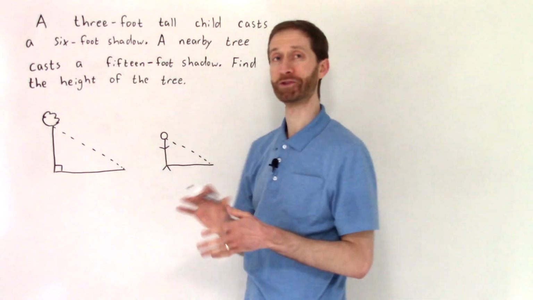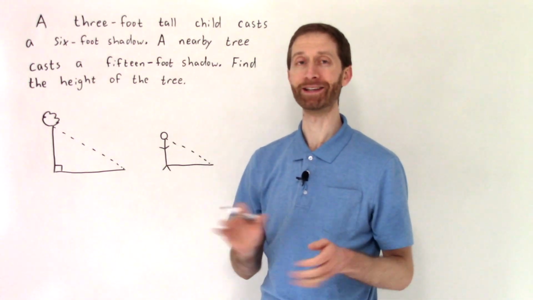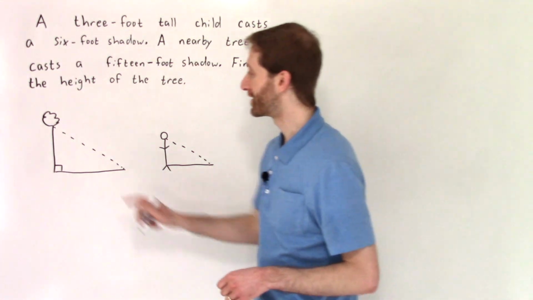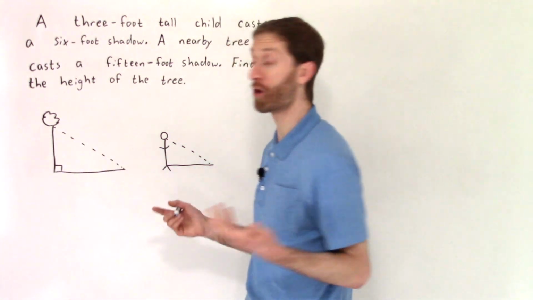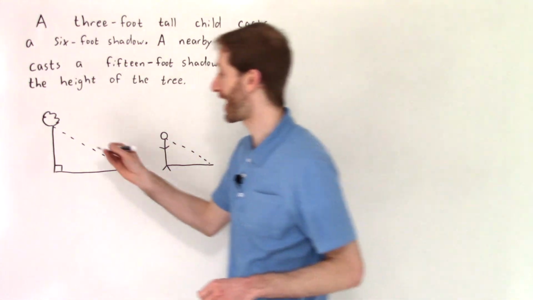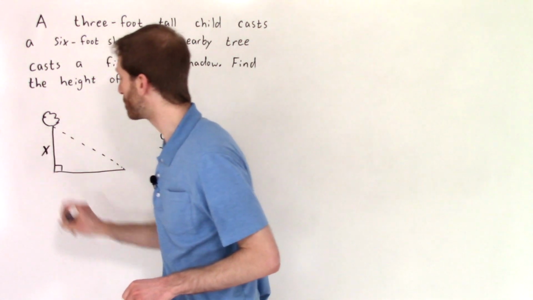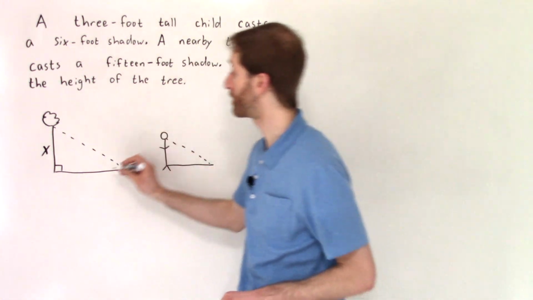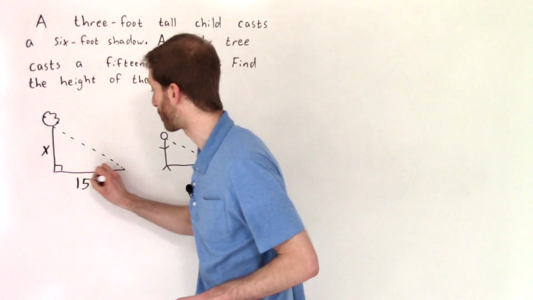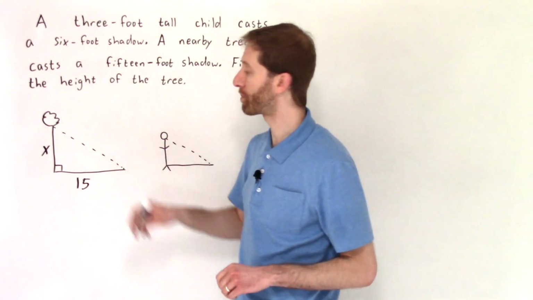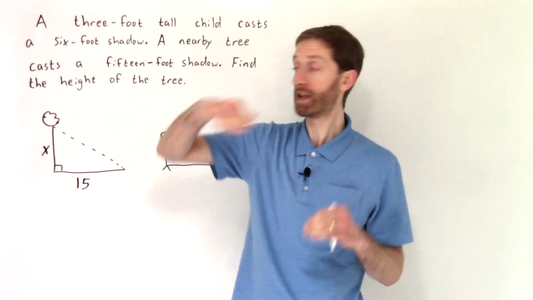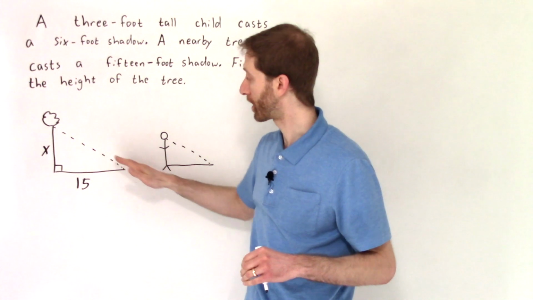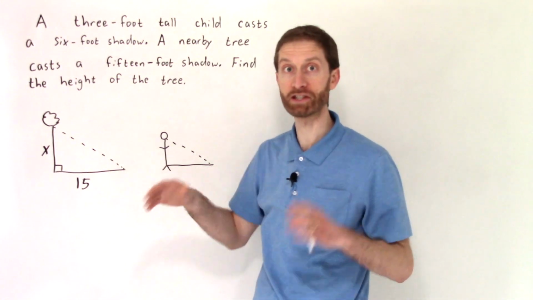So what I've drawn for you here, with no ability with art at all, is your tree right here, and we don't know what the height of the tree is, so we'll call that X. But what we do know is that it casts a shadow along the ground that is 15 feet. So I'll put a 15 right there. This dotted line represents the light that is hitting the top of the tree and then coming down and hitting the tip of the shadow right there.